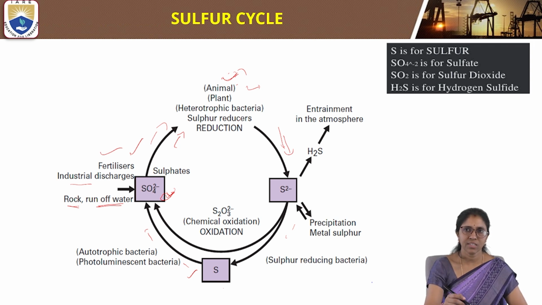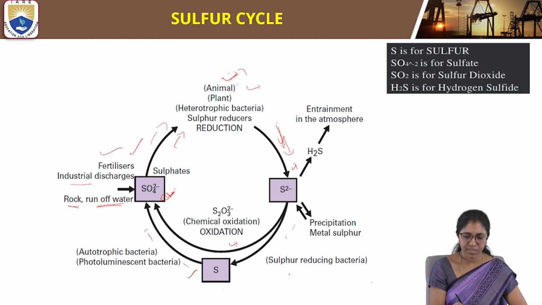After the death of the animals and plants, the sulfur present in them becomes sulfide ions, the sulfide form of sulfur. This again undergoes oxidation, that is chemical oxidation, forming S2O3 minus, sulfate ions.